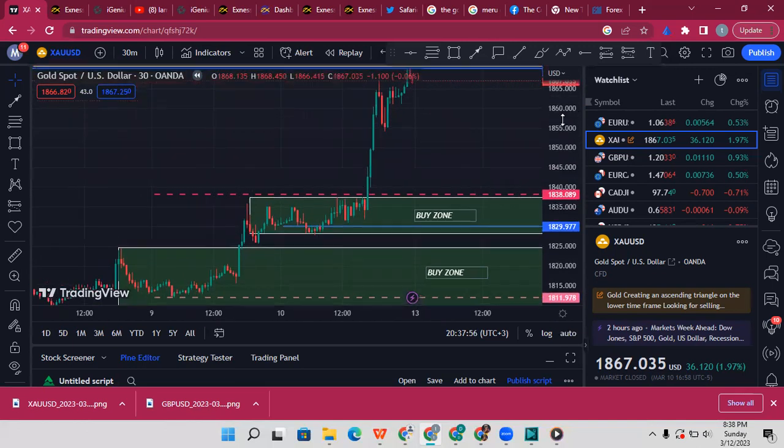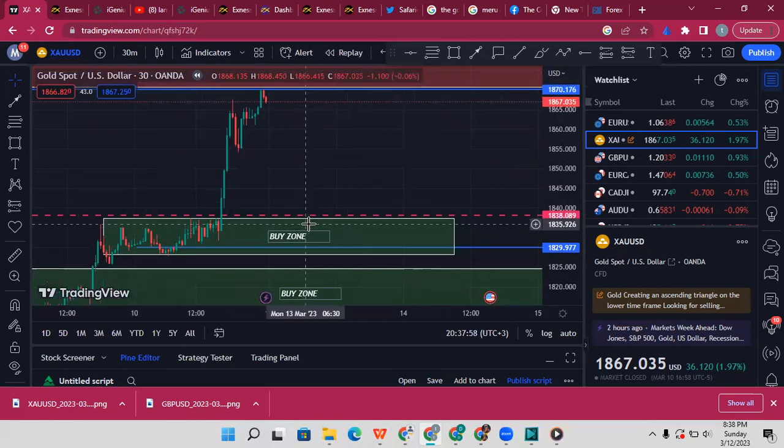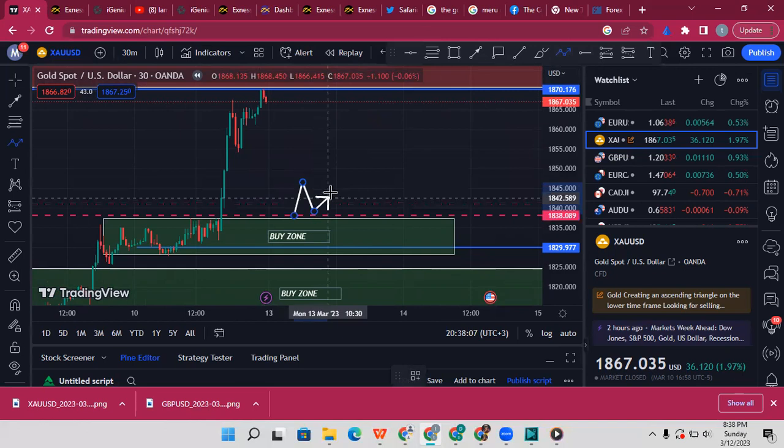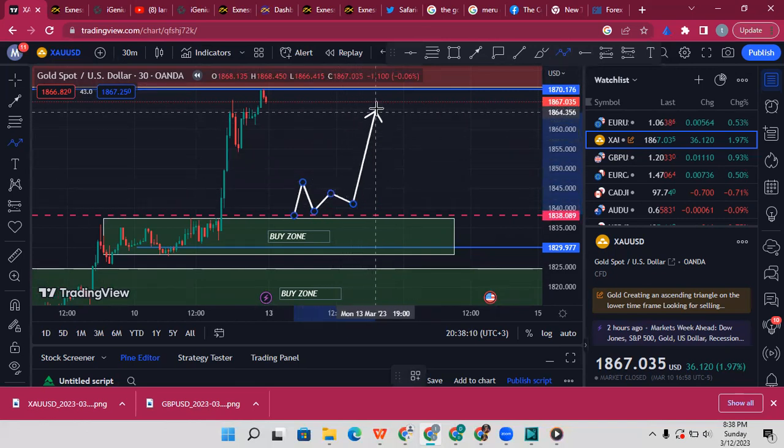Honestly speaking, when price gets onto this demand zone, we have a very strong feeling that we'll have something like this, then boom, going up.